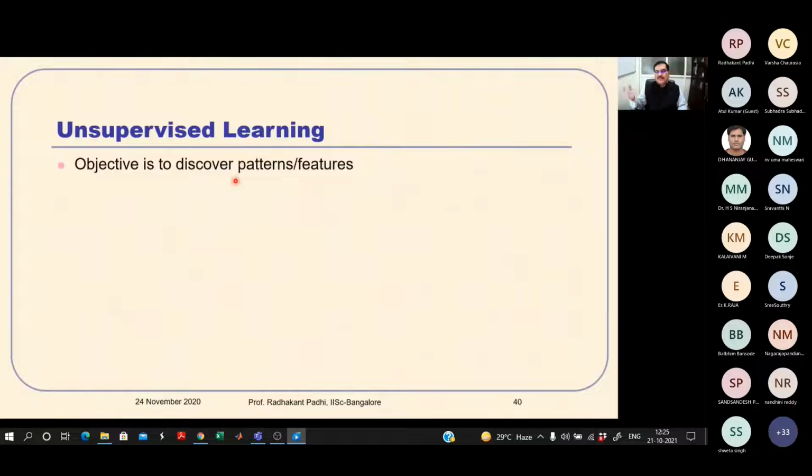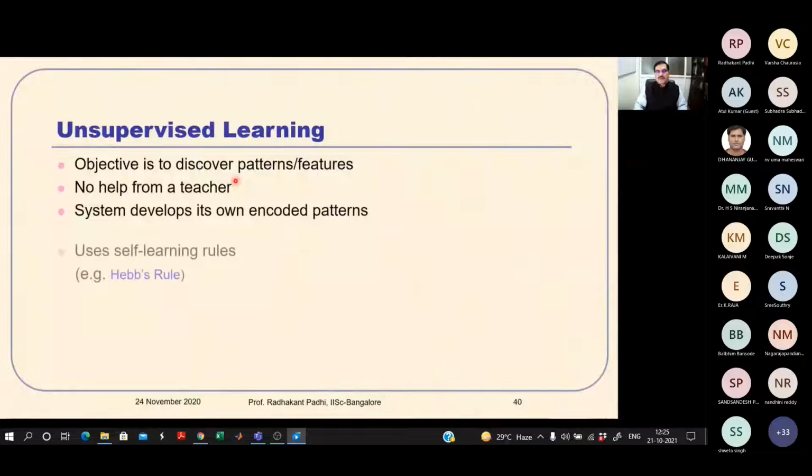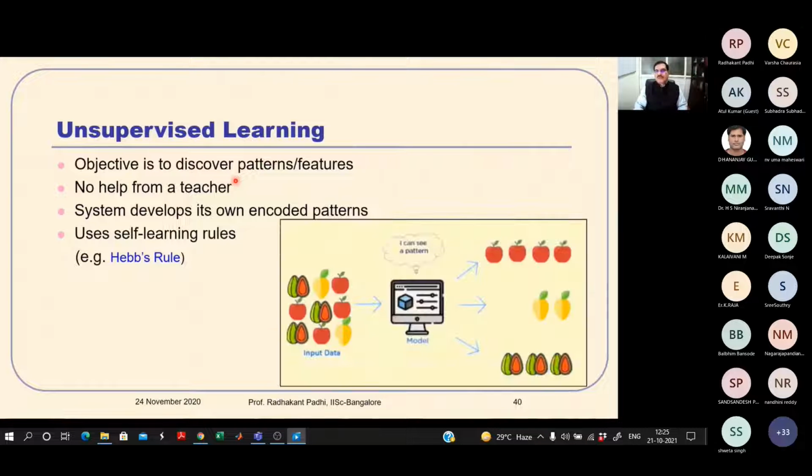All right, so this is one. Then unsupervised learning, obviously, is nothing supervised. The objective is to discover the patterns or features by itself, with no help from a teacher at all, not even occasional feedback. The system develops its own encoded patterns and typically uses self-learning rules, for example one famous one, Hebb's rule. You can feed it a bunch of things and it tries to sort them this side, that side.